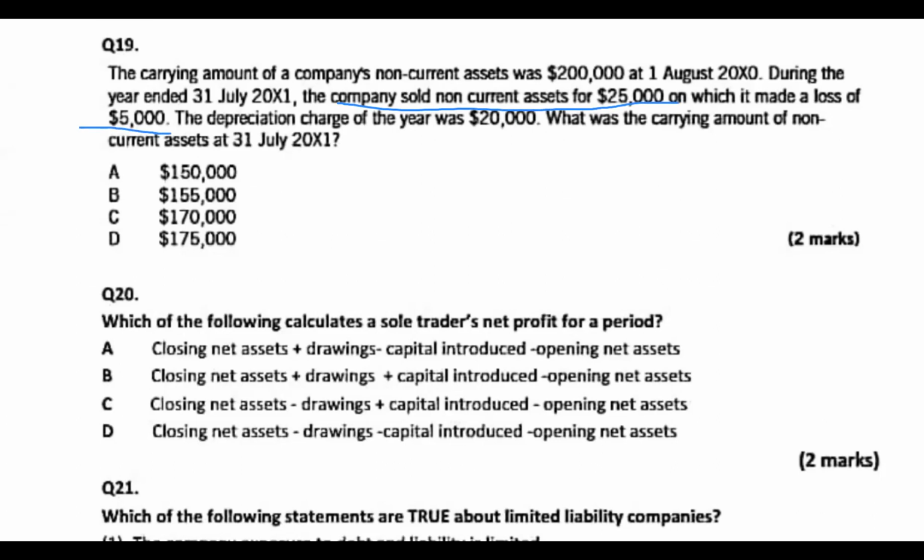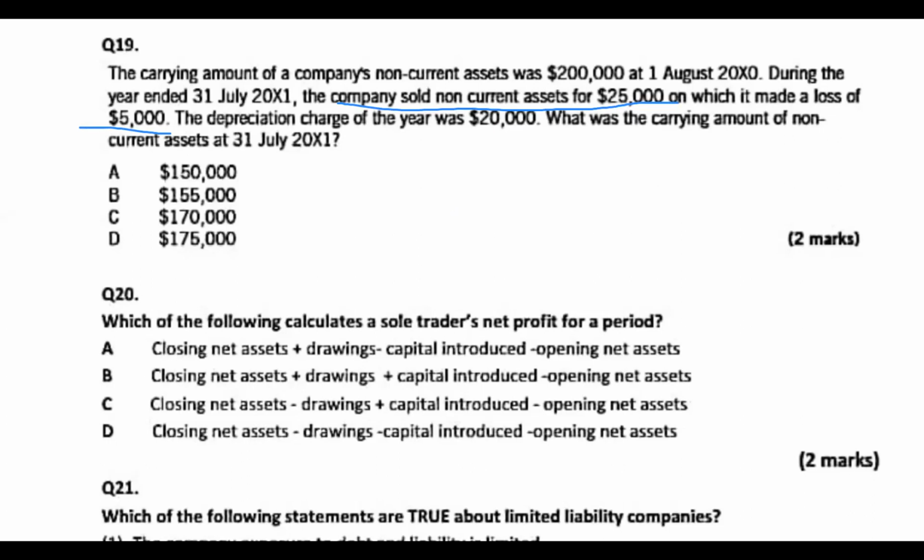My answer for the total non-current asset is going to be 150, which is A. I'll give the reason: because cash is not a current asset.